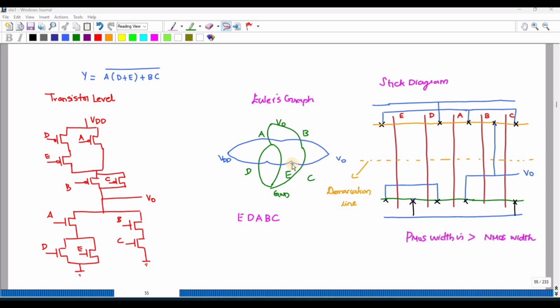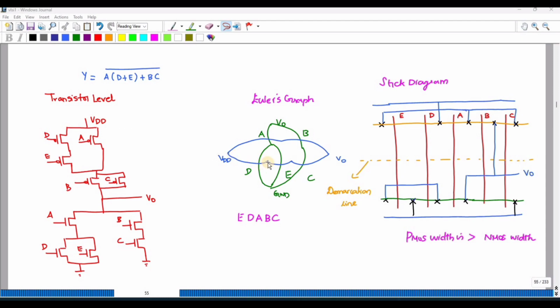So that's another path. So I can choose D, B, right? I can choose D, B and C, E, A and all. Okay. So if you see, I can choose D, C, B, A, E. You see, this is D, I can't go to C, right?